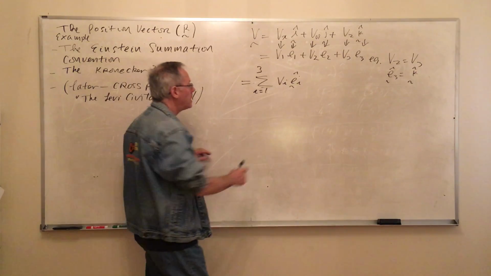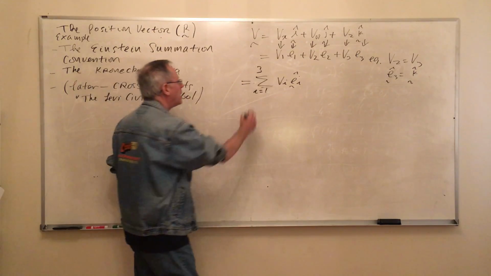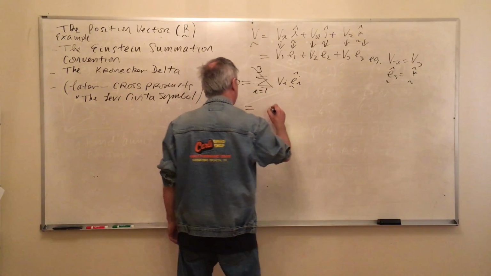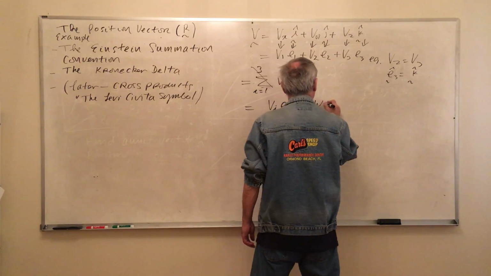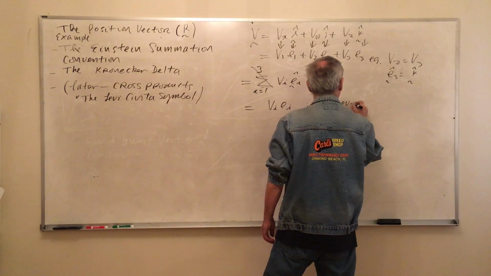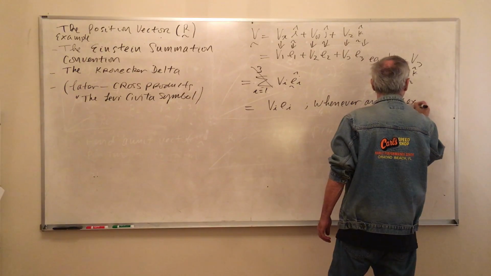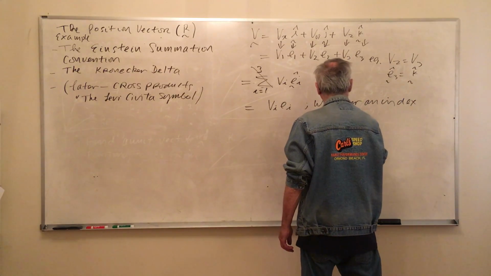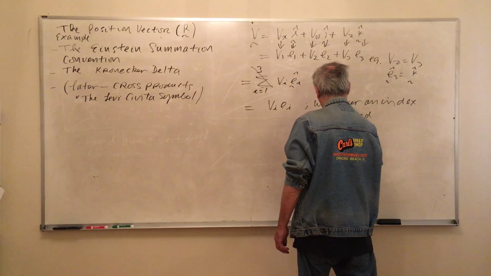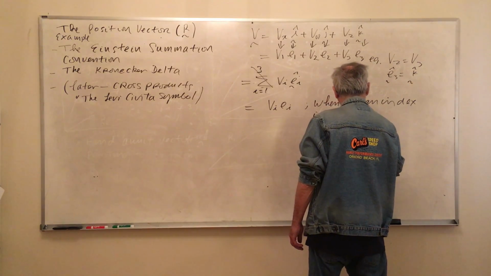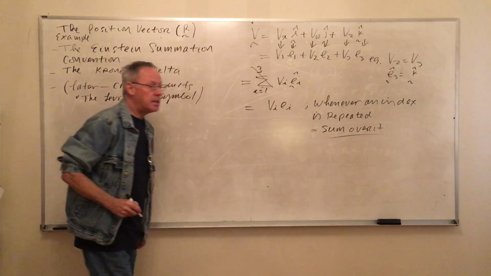Now Einstein noticed that when you have indices repeated, you can make this sign redundant, get rid of it. All it means is this: whenever you see a repeated index, sum over it.